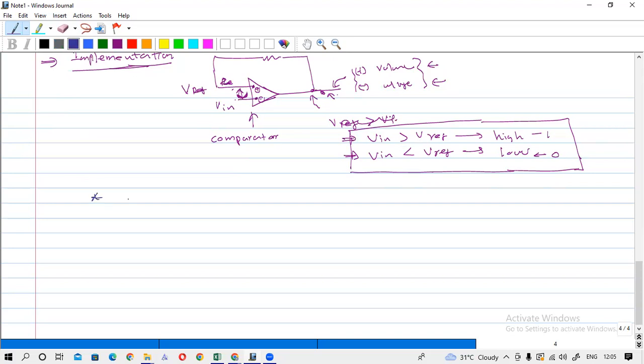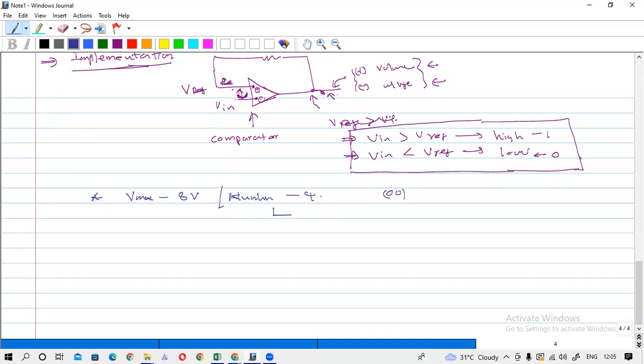The input V max is 8 volt, and the number of voltage levels is 4, because the resolution is 2. We can represent only 4 voltages.